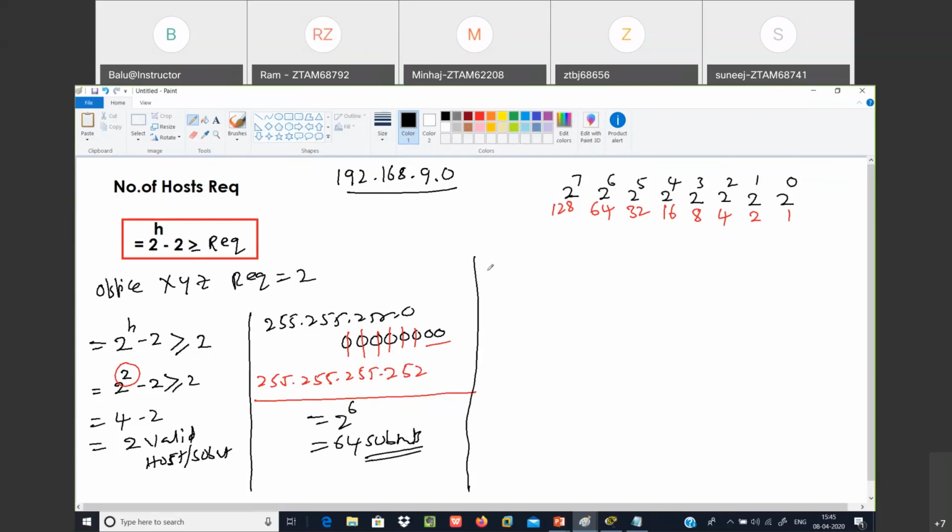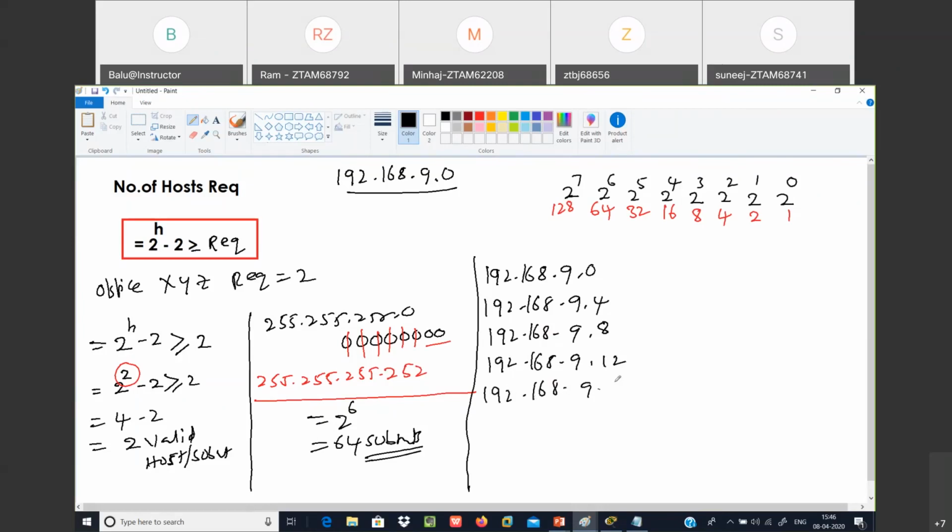Okay, network ID and broadcast ID: 192.168.9.0. 192.168.9 dot, what is the least committed bit? 4. 192.168.9 dot, 8 plus 4, 12. 192.168.9 dot plus 4, 16, and keep on adding. We can have how many subnets? 64 subnets.